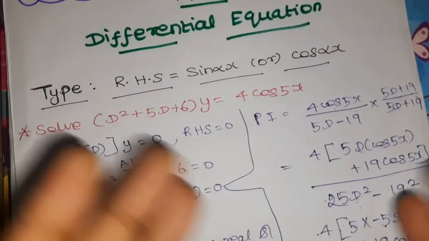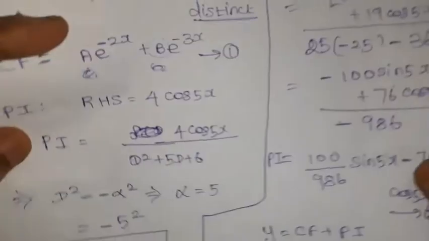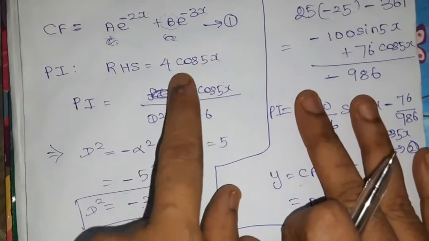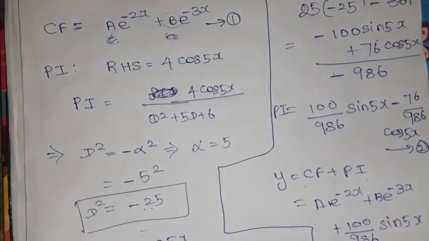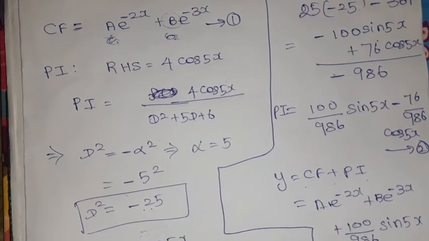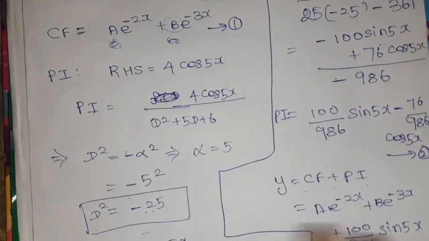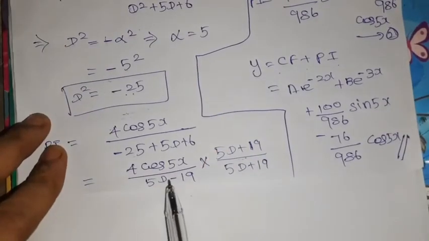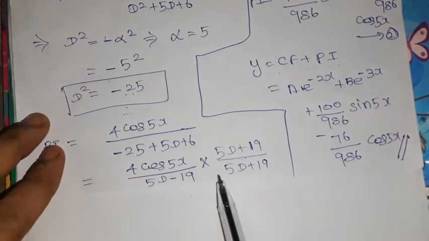Whenever the RHS is given as sine or cosine, the complementary function method is the same. For RHS equal to sine or cosine, we just need to replace D squared with minus alpha squared. Whenever we substitute minus alpha squared, we should be very clear: the minus should stay outside, just square the alpha value alone, then substitute and simplify. Again we need to substitute the D squared value by minus 25.